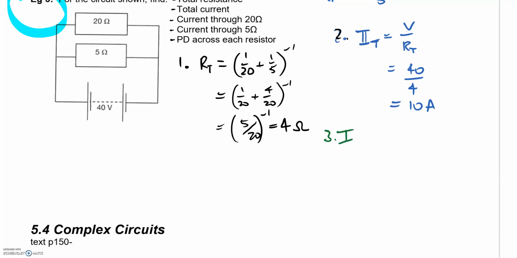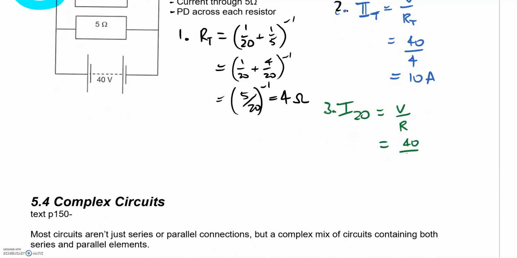The current through the 20 ohm resistor is V on R. What's the voltage? 40 volts. 20 ohms, so you're going to have 2 amps.